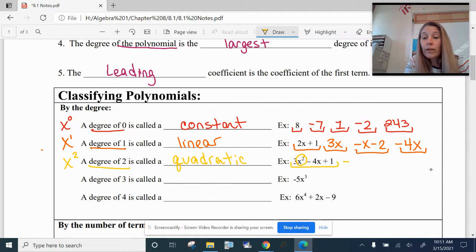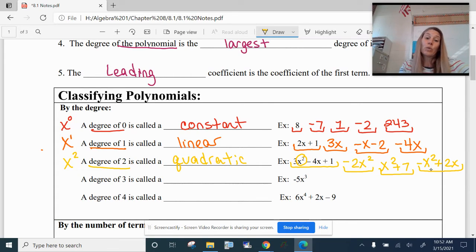Another example, you might just have negative 2x squared all by itself, but because it has a degree of 2, that would be quadratic. Or you might have something like x squared plus 7. There's 2 terms there, but the largest one has an x squared. Or you might have something like negative x squared plus 2x, for example. Again, there's multiple terms there, but the largest degree is the square, so that would make it quadratic.